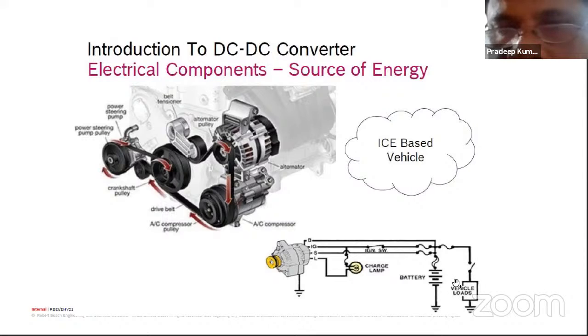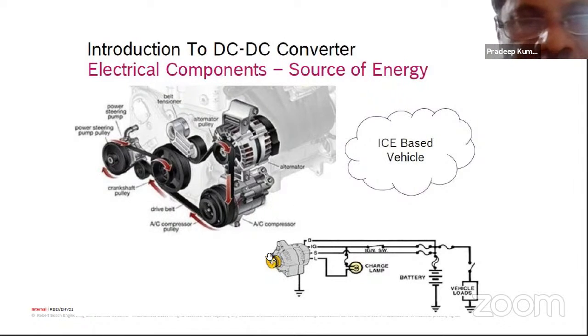Probably for an electric vehicle, you may have some more additional loads. Typically this load varies from 1.5 kilowatt to 3 kilowatt, depending upon what accessories are available in your car. So what happens in an electric vehicle is that we replace this particular alternator. You don't need this alternator.